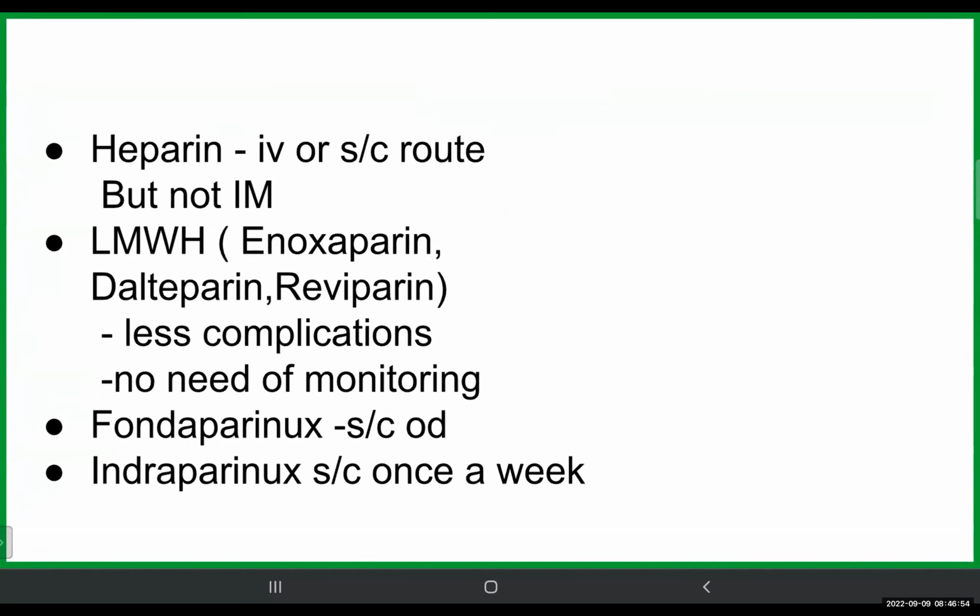The synthetic heparin derivatives are fondaparinux and idraparinux. Idraparinux is a longer acting congener of fondaparinux with a once a week subcut dose, in comparison to fondaparinux, which is a once daily dose. And these are preferred for prevention of venous thromboembolism in large surgeries.